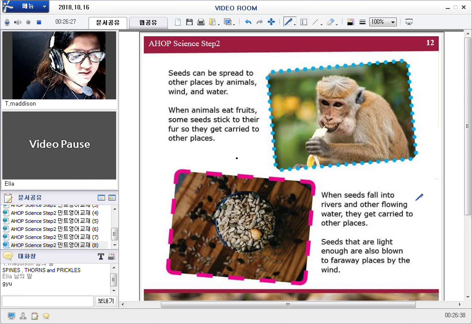And also the wind blows, and if seeds are really light, they can move by wind, so they arrive in the river or other types of water, and then they can move away as the water flows down.